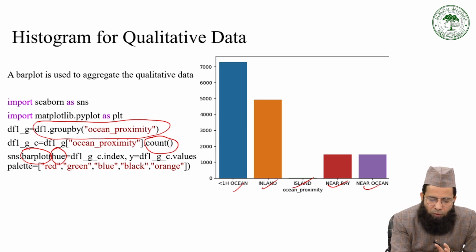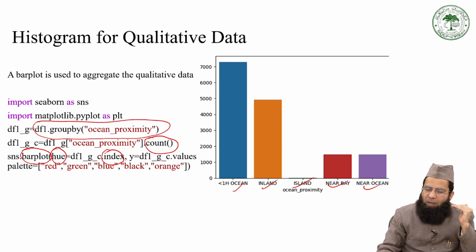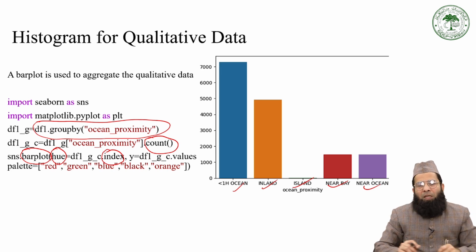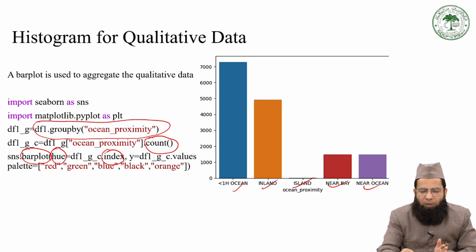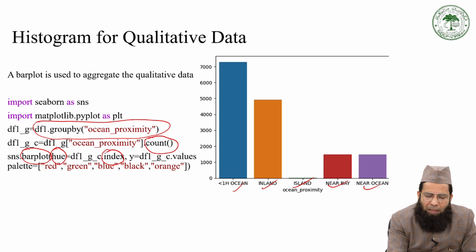So how to find those values? So using the index, I can find the individual values. We have already seen the purpose of index. Since if you are using the group by function, the categorical data are actually your indexes, right? So here I am mentioning the hue as index, and then y is your values.